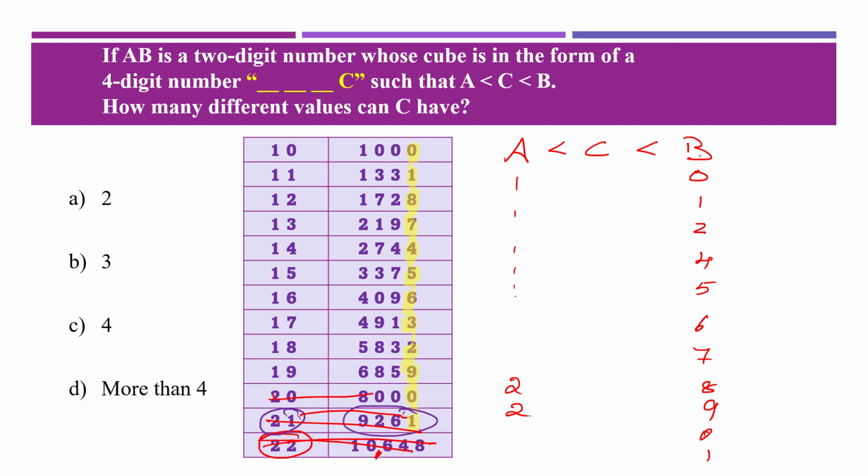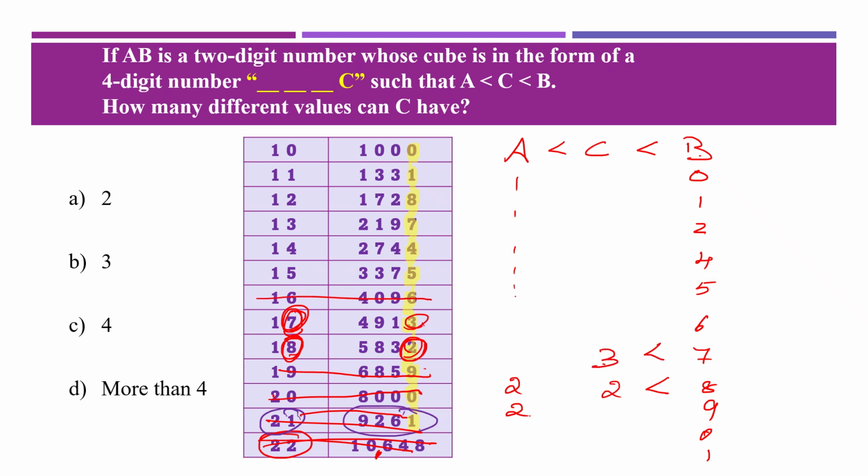Here B and C are zeros. Here it's 9. Here we can make a note: the value of B is 8 and the value of C is 2, which is 2 less than 8. At the same time, here we have B as 7, where the C value is 3.